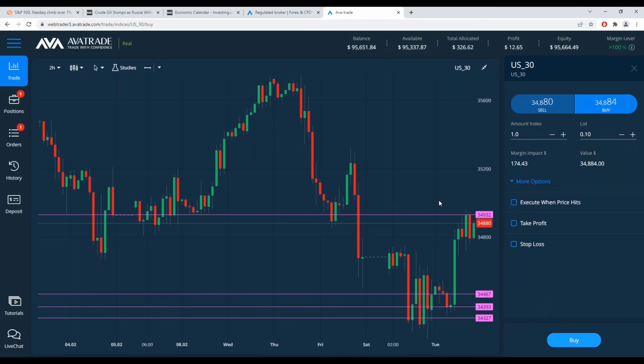Now the question is, will it break through? And the answer is maybe. This is set up just like the Euro USD, isn't it? It's exactly the same as the Euro USD. Resistance here, you could have a pending buy order here, a buy that if the price breaks through the resistance and comes up here, you could buy with a take profit at the next resistance level.